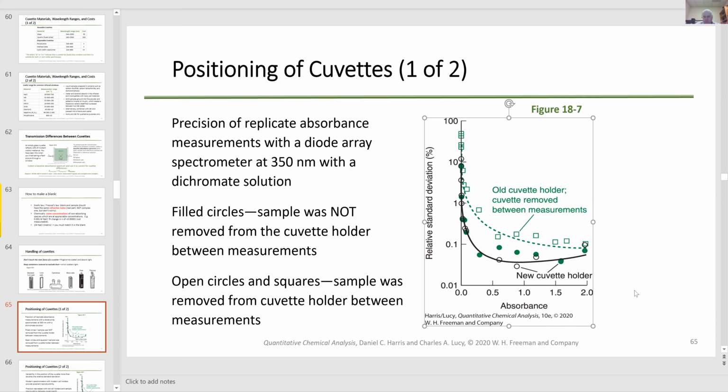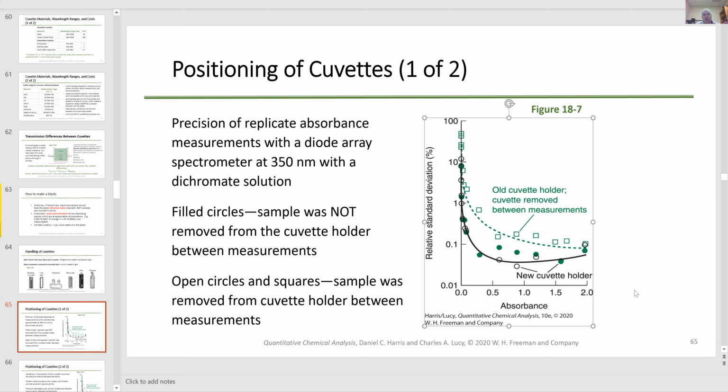And so for an intense beam, like an intense blank beam, let's say it's 10,000 photons per second, then the amount of noise is 100 photons per second.